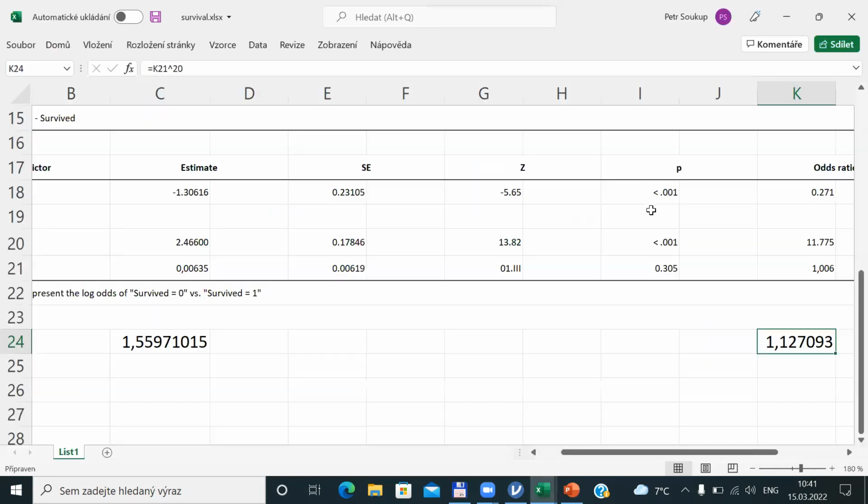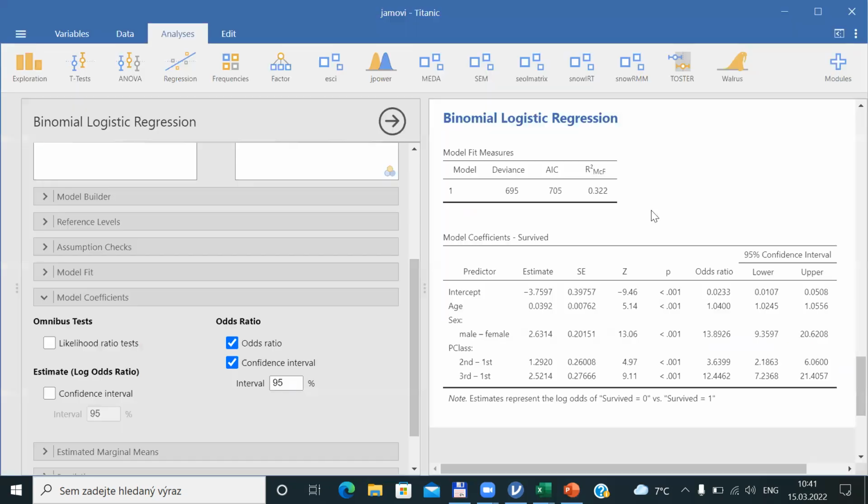So let's go to the results. And here you can see, and don't ask me why this is the default in jamovi, there are big differences between individual packages, but here we have one of these pseudo R-squares, which is called McFadden. That's why there is the index MCF here.